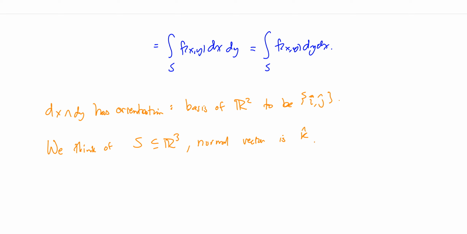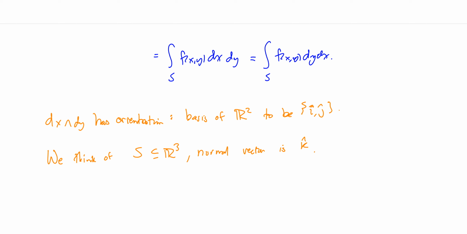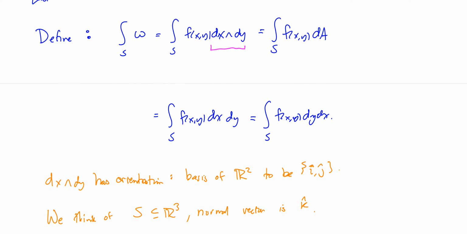And that's because of choosing our orientation to be i, j, so normal vector is i cross j. We could, of course, look at omega being f of x y dy wedge dx, but then that would just introduce a negative sign everywhere, and our orientation would be in terms of j comma i, and we get negative k for our normal vector.